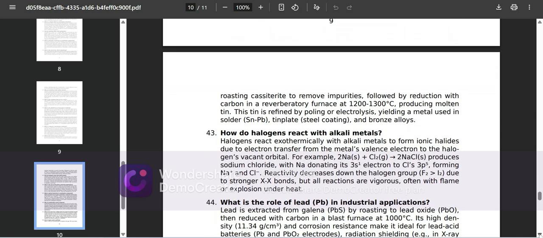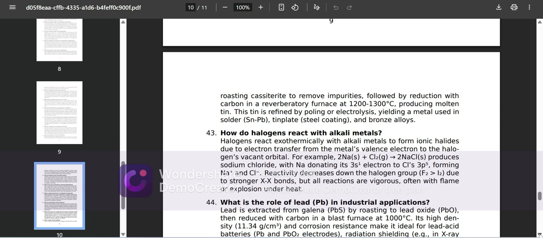The extraction process involves crushing and roasting cassiterite to remove impurities, followed by reduction with carbon in a reverberatory furnace at 1200 to 1300 degrees Celsius, producing molten tin.